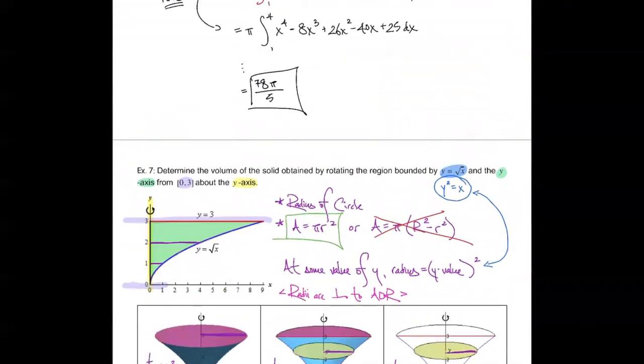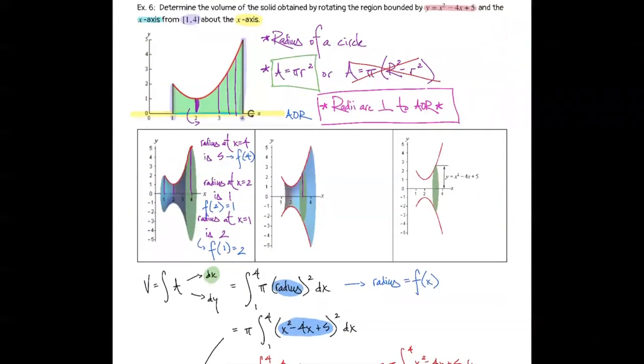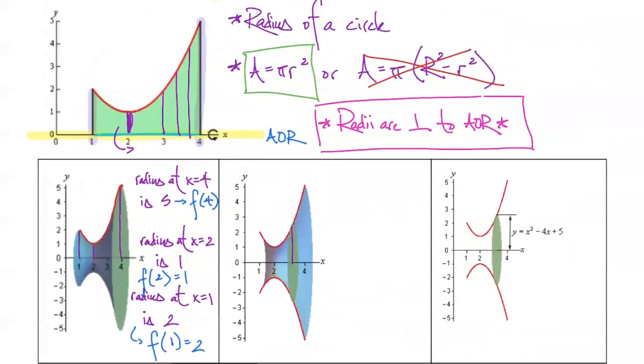And so even if we go back to example 6 here for a moment, if I take this and I draw the reflection around the x-axis, I end up with something like that. And that looks pretty similar to what I have in the 3 pictures below, right?